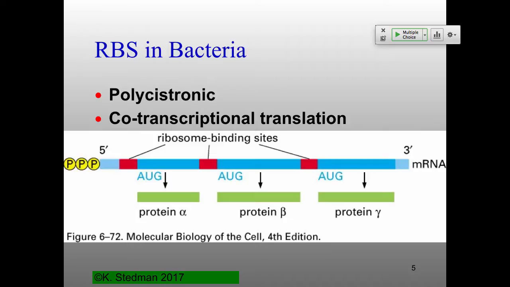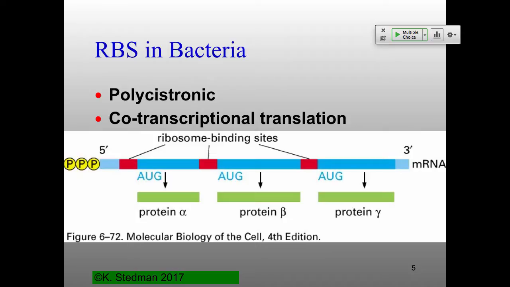When you look at bacterial protein production, going all the way from your DNA to protein, you have transcription, where you take DNA and make it into RNA. But instead of all this wild processing stuff that we talked about, splicing, capping, tailing, etc., what you have in bacteria is as soon as that messenger RNA is made by the RNA polymerase, a ribosome will bind to that with its ribosome binding site, and you start translating.